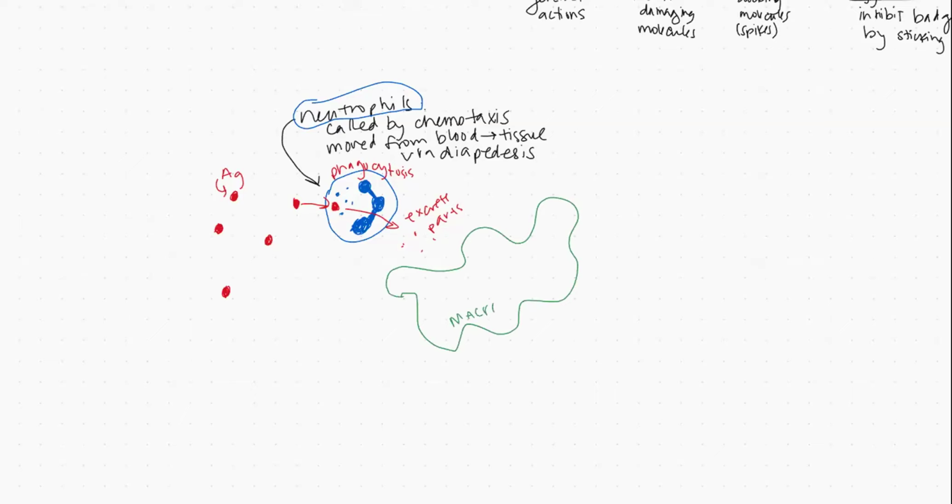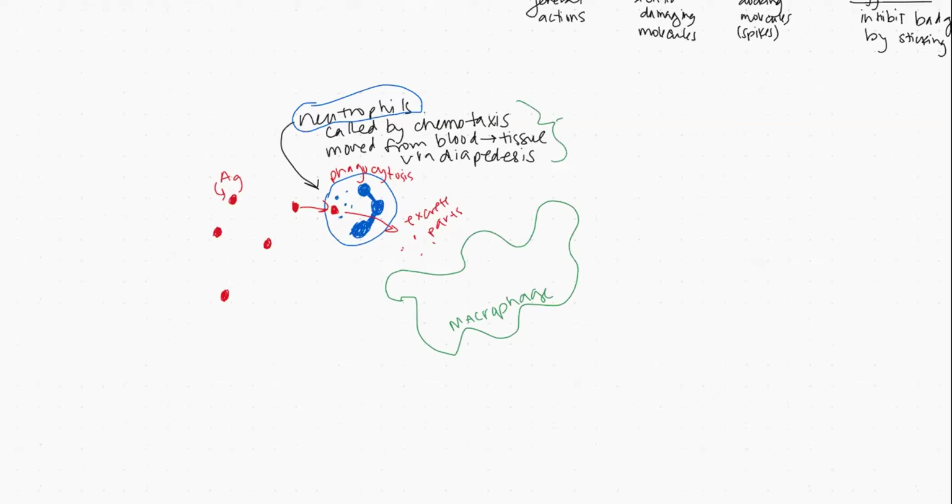Also called in here from chemotaxis, and moved in here via diapedesis. Remember that when it was in the bloodstream, it was a monocyte, but now that it is in the tissue, it is a macrophage. And so now these guys can come in and eat up these littler particles by phagocytosis again.